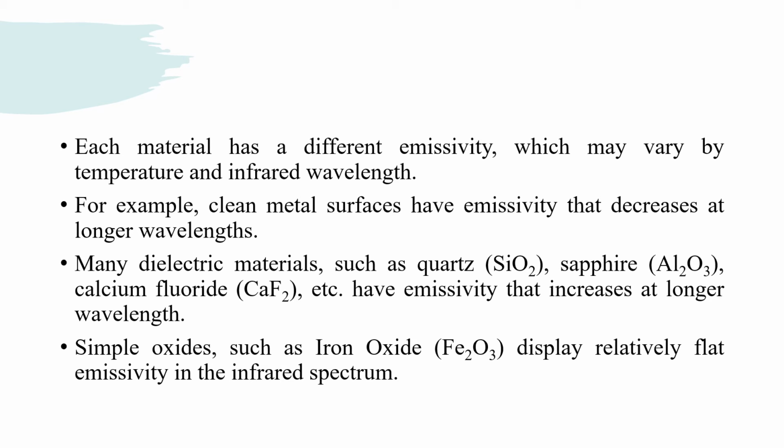Each material has a different emissivity, which may vary with temperature and infrared wavelength. So the emissivity of a material differs because of two things: its temperature and its infrared wavelength.